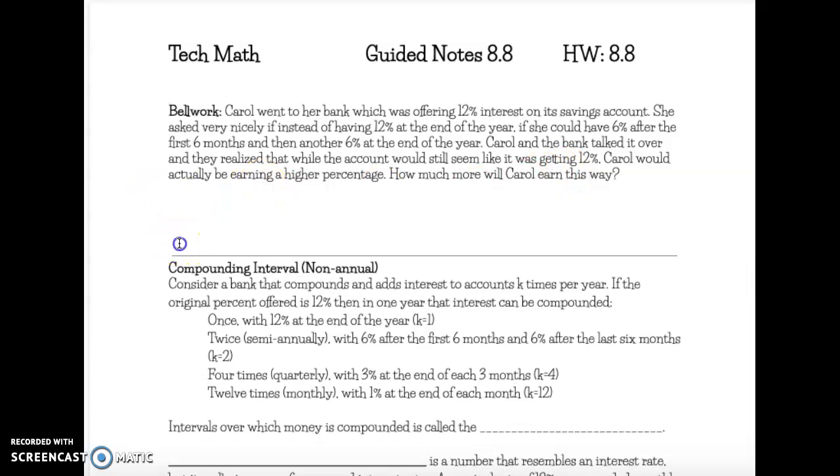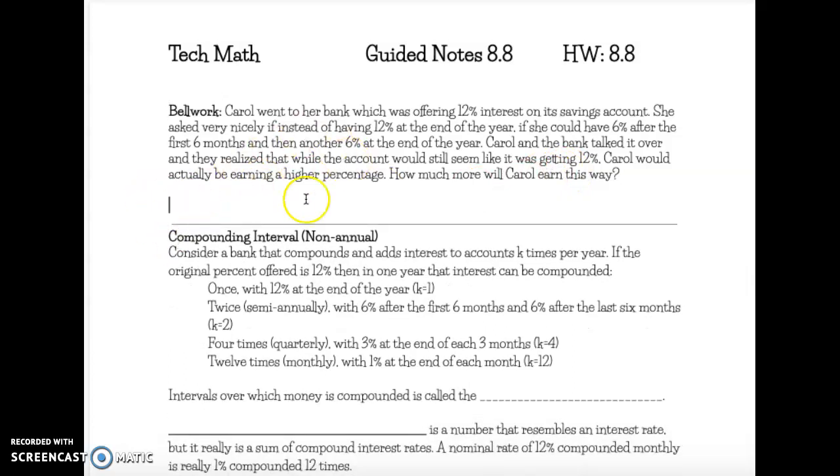Well, we could calculate that out, but I'd rather just talk about why she gets more, because that's actually more important to then later figuring out how much. So if she's getting 6%, remember how in the compounding interval we were talking about in the last video, when we compound interest, it's interest on interest.